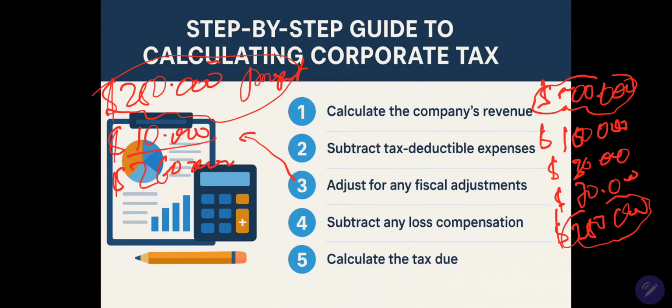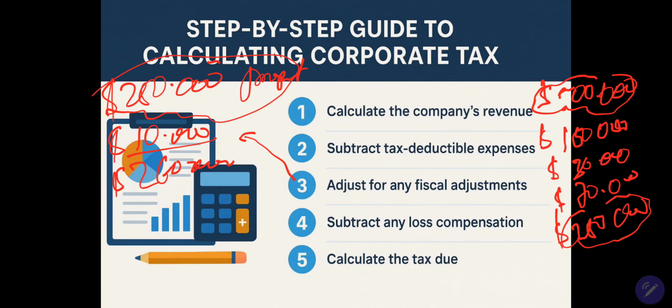Many tax systems, including Indonesia, allow companies that experienced a loss in 1 year to carry forward that loss and use it to offset profits in the following years. This helps reduce the tax burden because companies don't have to pay full taxes right after recovering from losses.